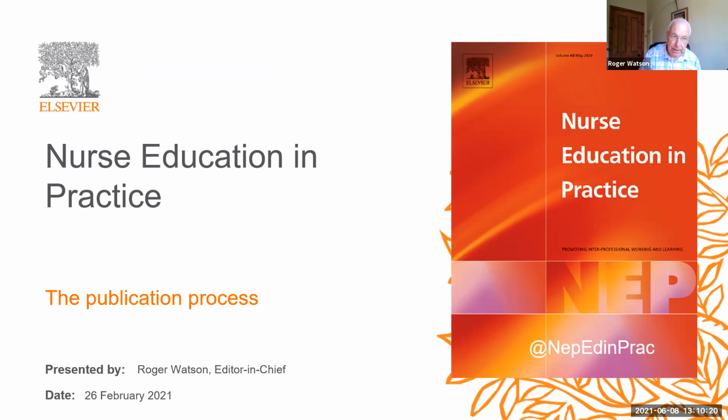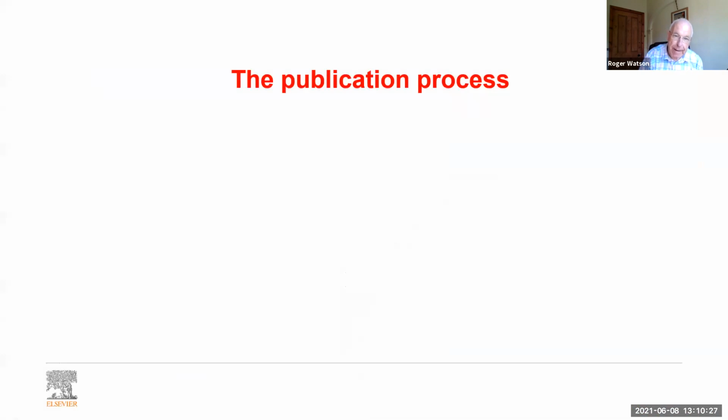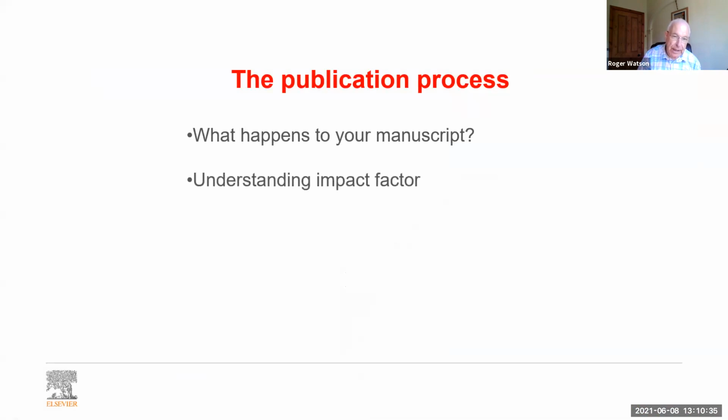So I'll start, and what I want to talk about really is the publication process, and I'm going to break this down into what happens to your manuscript. Understanding the impact factor, I thought I would mention something about the impact factor because it's important to editors and it's important to journals, and it is actually quite important to many authors.